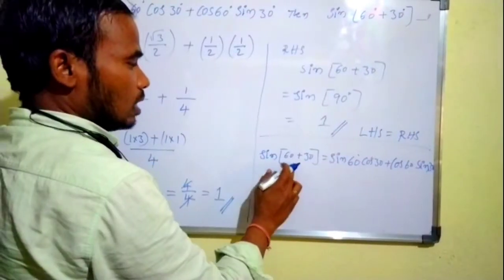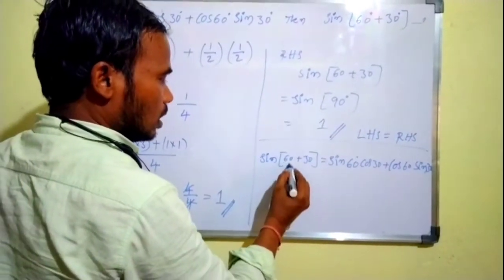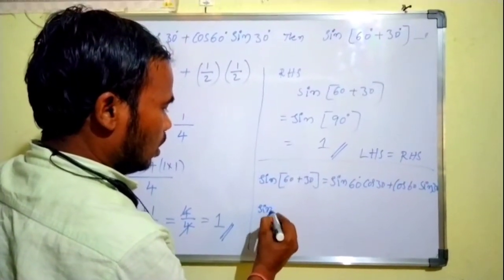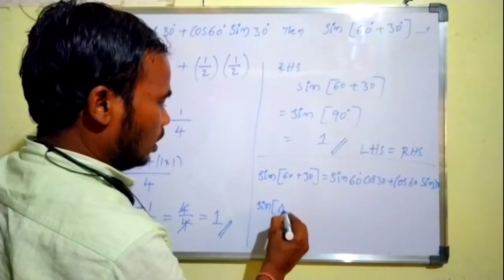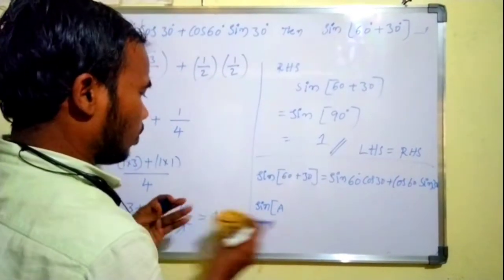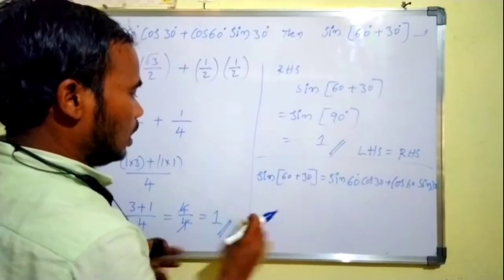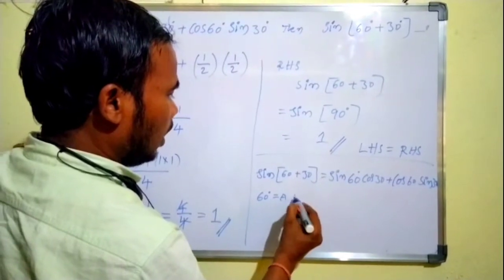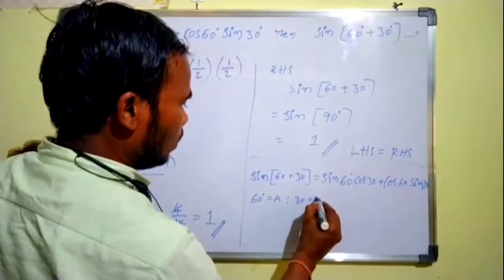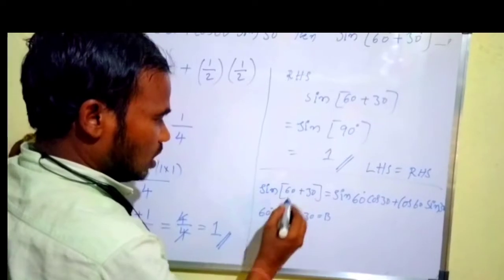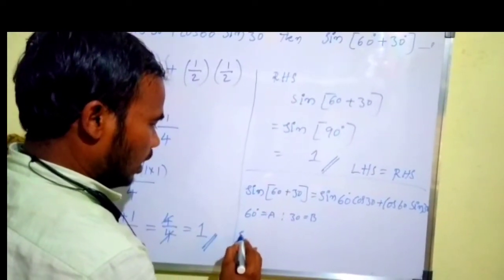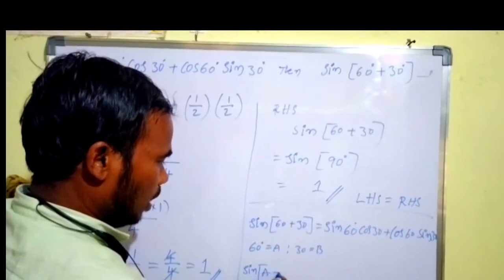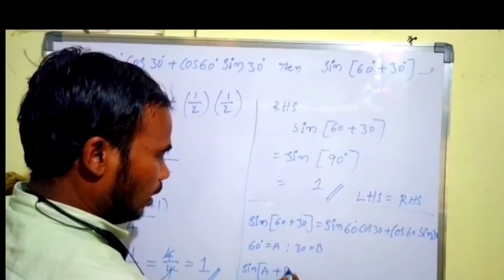So here is the 60 degrees instead, A, right. Just once listen. 60 degrees instead you can say A, and 30 degrees is equal to B. So 60 instead A substitute, sin A plus B, 30 instead of B, right.